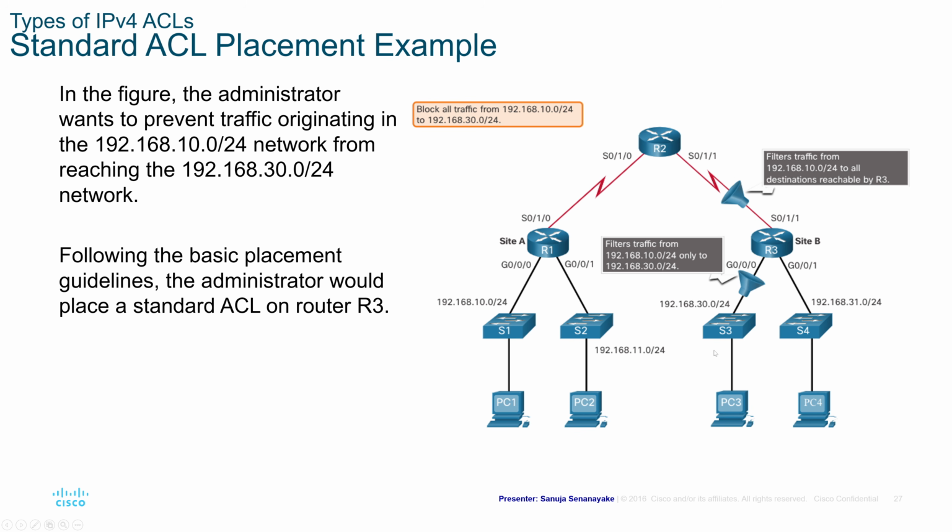So this should be blocked. Following the basic placement guidelines, the administrator would place a standard ACL on the router R3 because that is closer to the destination. So the standard ACL would be placed on the R3 because it is trying to prevent this network from reaching this network. So it is closer to the destination.